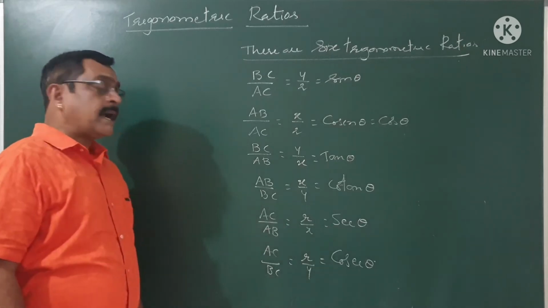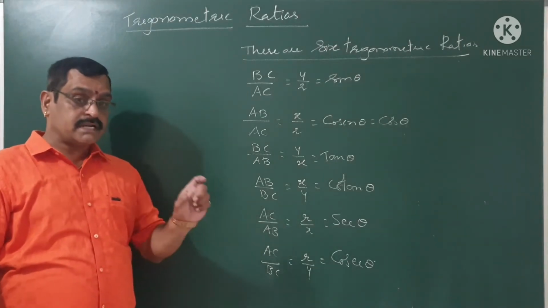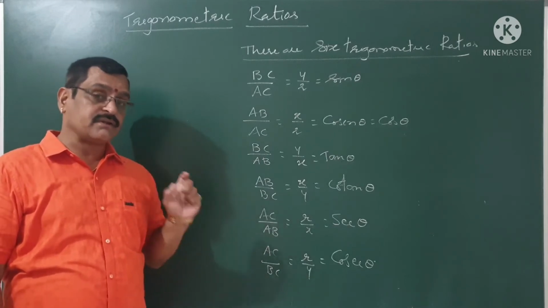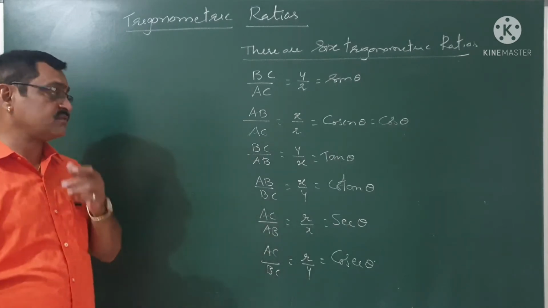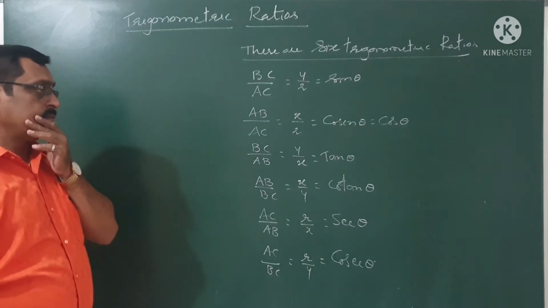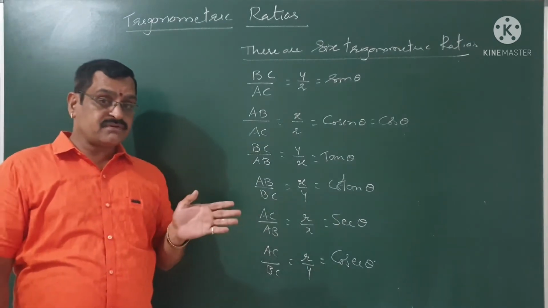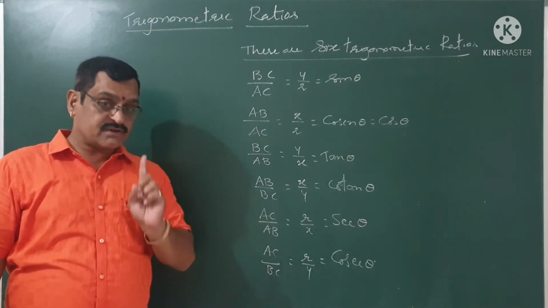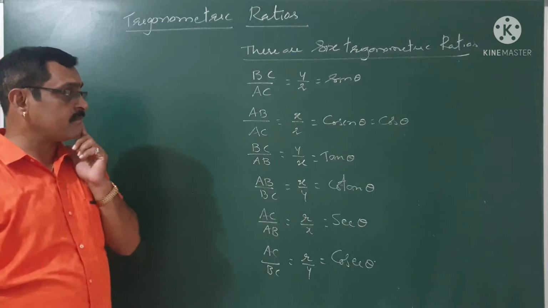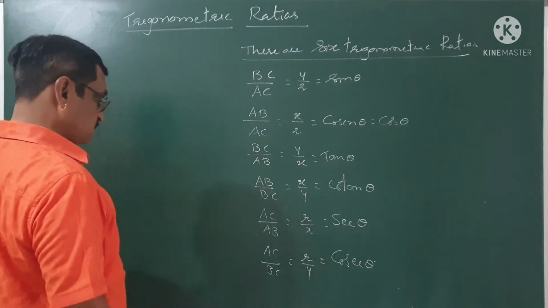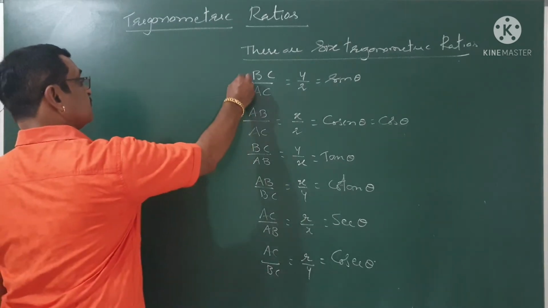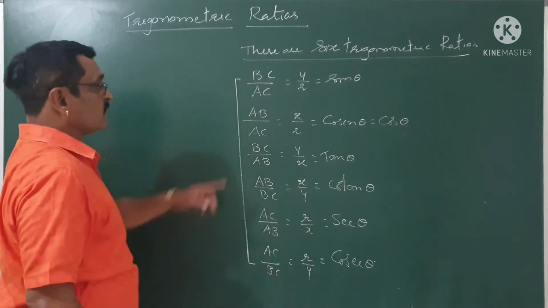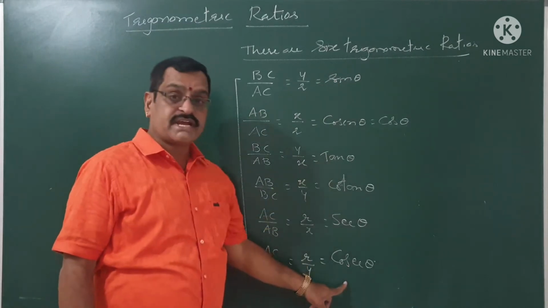Now, I am going to establish the relation between any two trigonometric ratios by first observation. If you observe carefully, the first ratio and the last ratio, sin theta and cosecant theta.